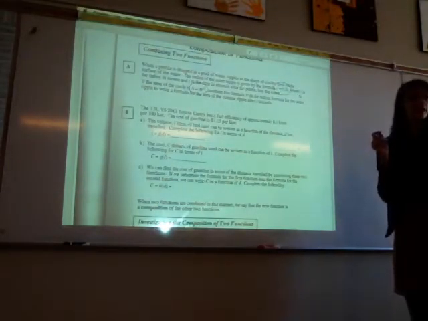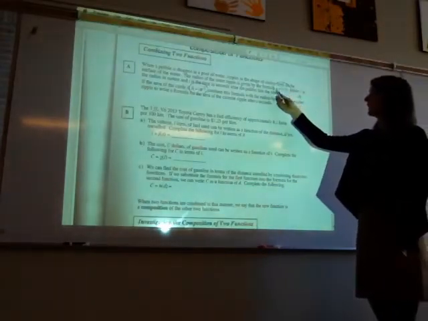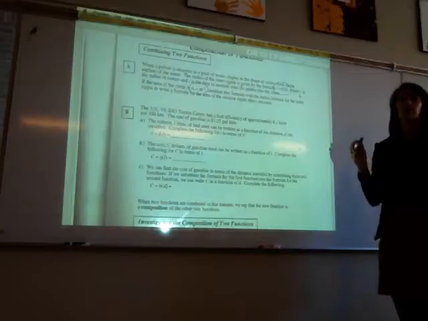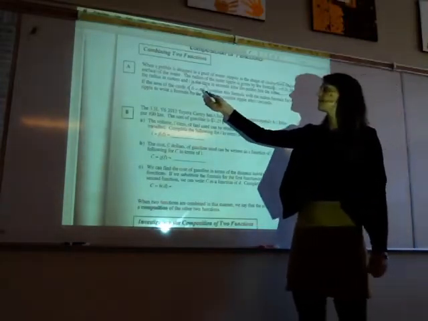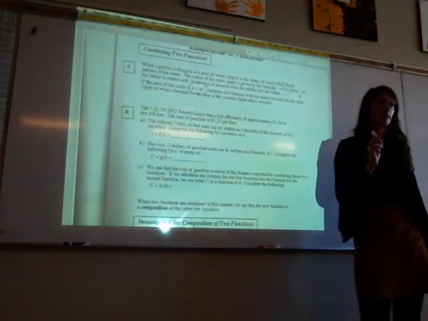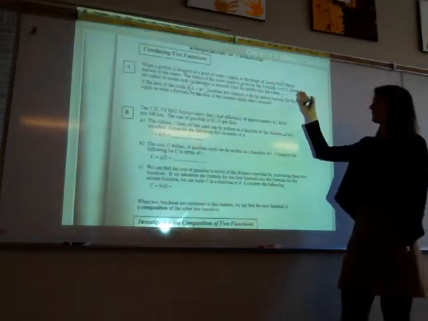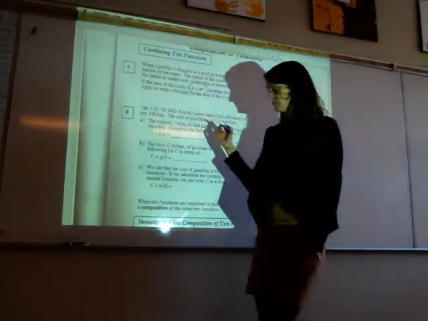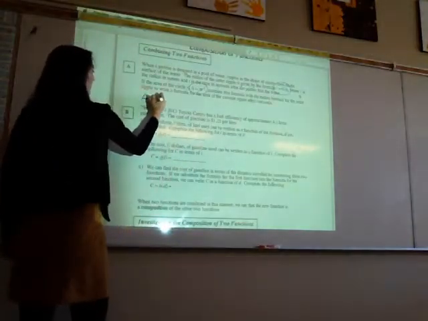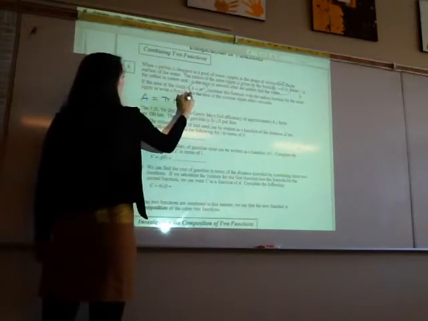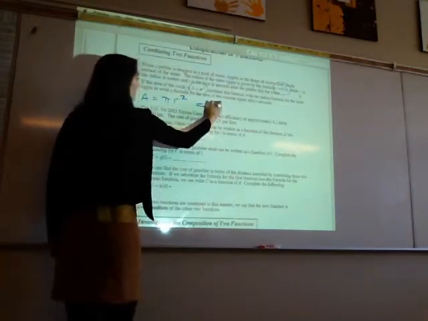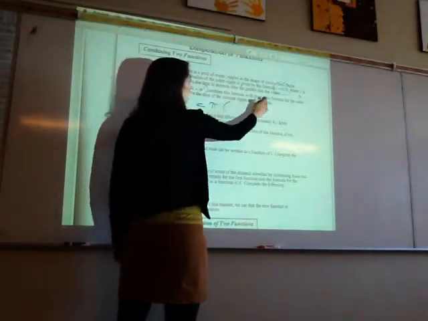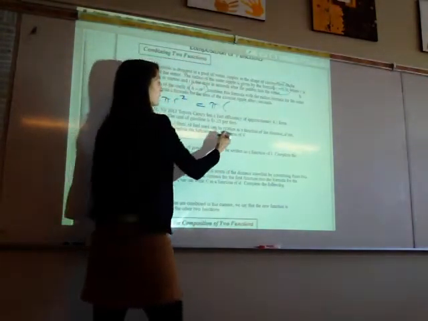We need a formula for area. What we're going to do is take the fact that r is equal to 0.3 t, and we're going to replace the r in the area formula. So in other words, we're subbing a function into another function. So we start off with area equals pi r squared, and we're going to replace the r with what was given above, 0.3 t.